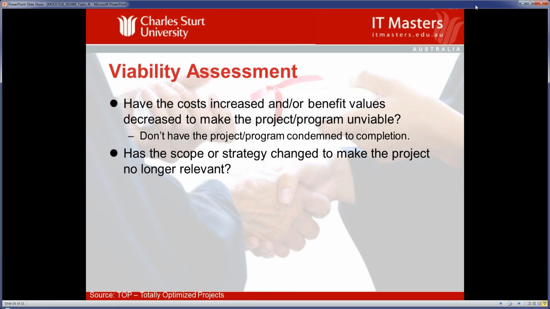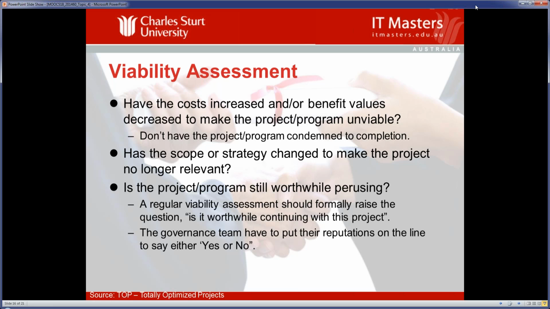Is it still relevant? And then finally, and these are very simple things, is it worthwhile doing? So one of the things the governance group needs to do, because they're there to get the value, is put their reputations on the line to say yes or no, is it worthwhile continuing with this project? And it's a very hard decision to make.